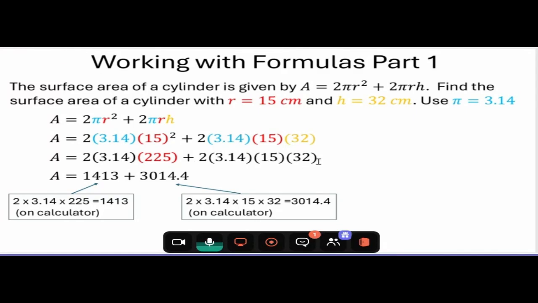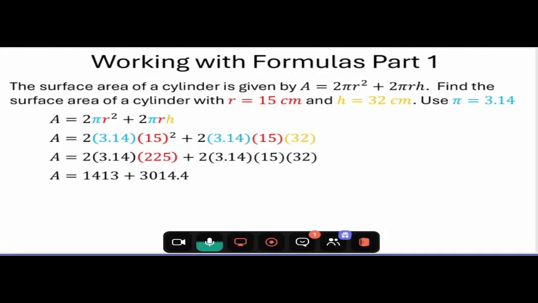That multiplication gives me 3,014.4. And now I can add those 2 together to get 4,427.4. What are the units? It's area, so the units are square centimeters in this case.